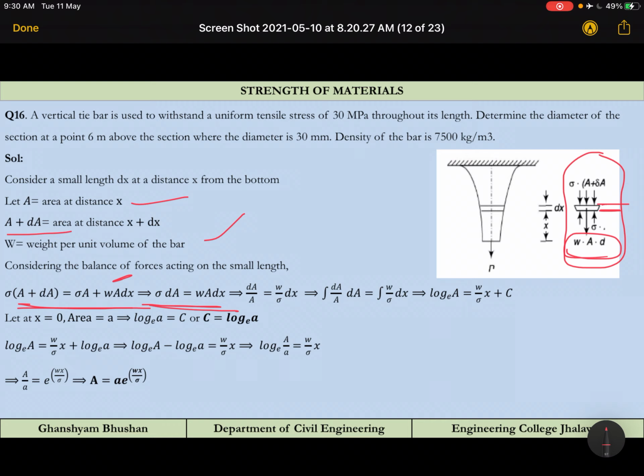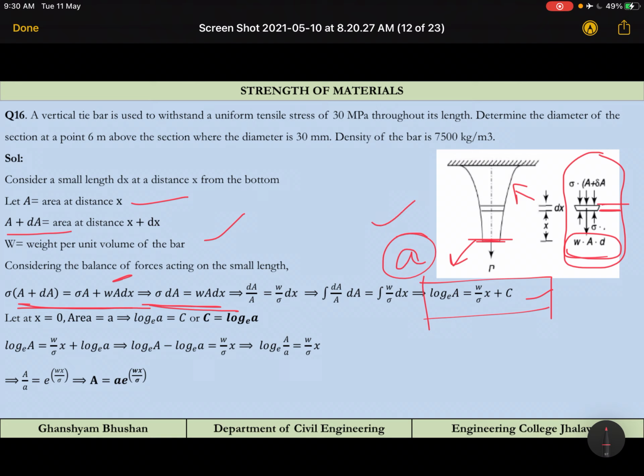Area and x are both variables, so we separate the variables, and finally we will get log A is equal to w by sigma into x plus C. So this is the equation of this curve. Now at x equal to 0, let us say the area is known as small a. The cross section is circular, so if the diameter is known, the area can be calculated.